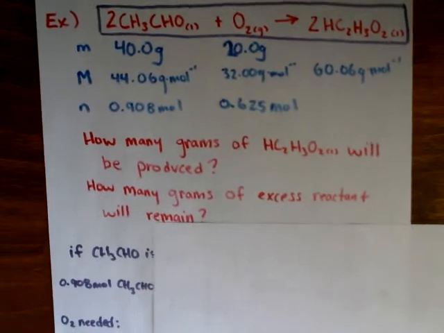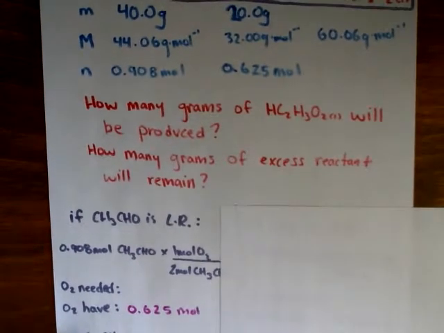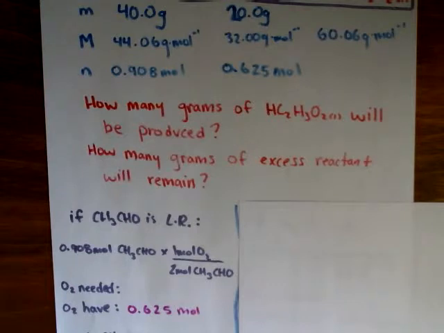So let's look and see what will happen if we say that the acetaldehyde is our limiting reagent. We use the given amount of acetaldehyde, and we use the mole ratio between acetaldehyde and oxygen to determine the stoichiometric amount of oxygen that's required to completely react with the acetaldehyde.